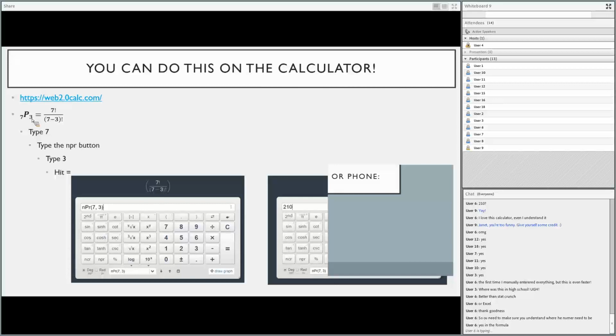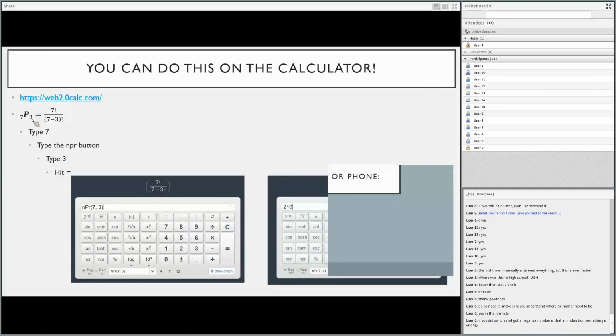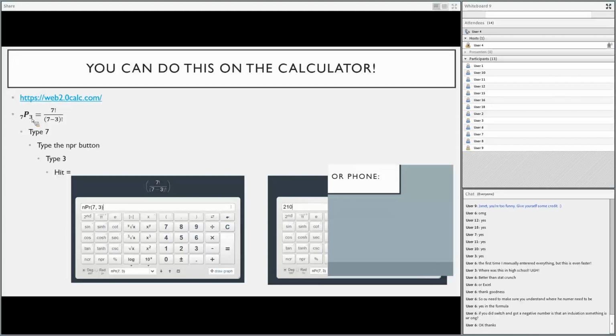Any other questions? If you did switch and got a negative number, is that an indication something went wrong?